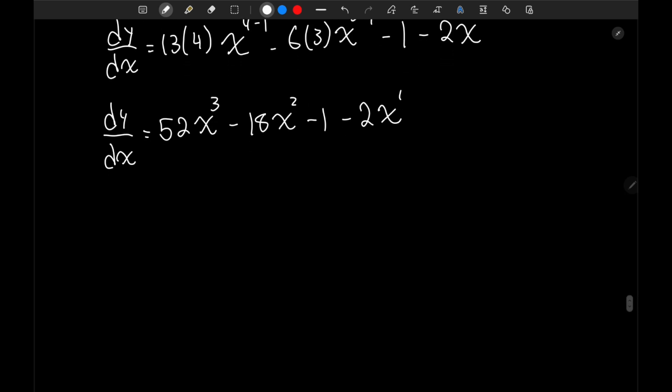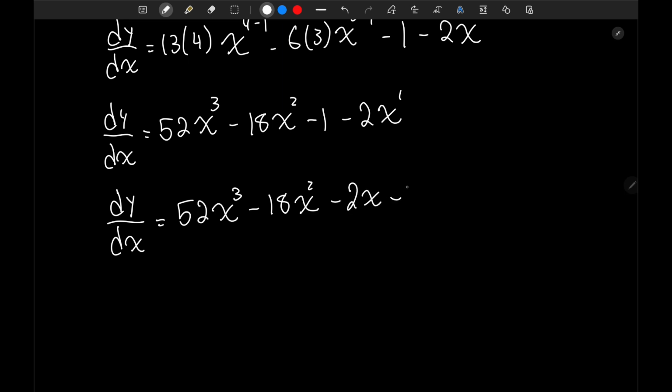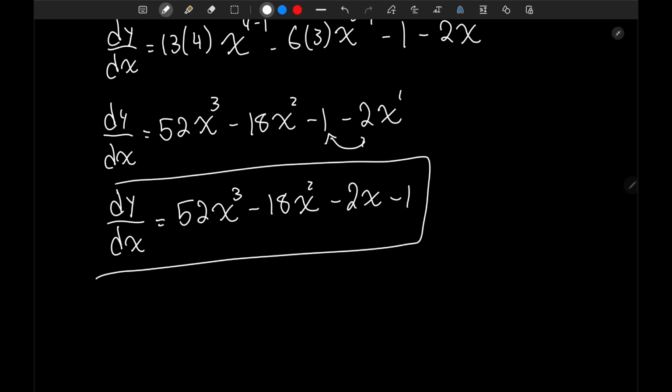Then we could rearrange this so that the order is a bit better. dy over dx is equal to 52 x cubed minus 18 x squared minus 2x minus 1. We're simply just switching these to follow the order of the polynomials. And that is our final answer.